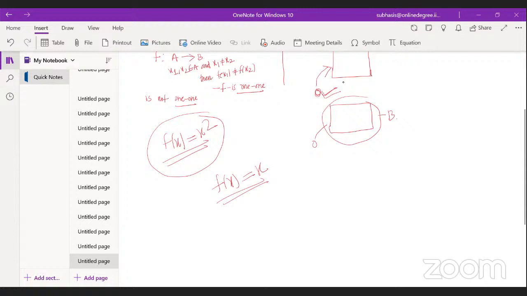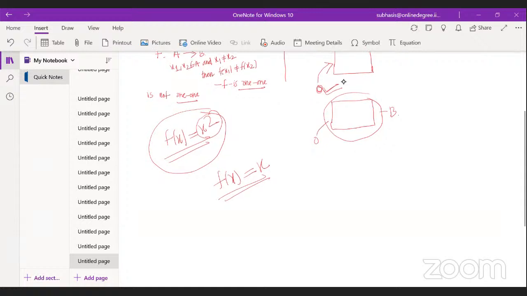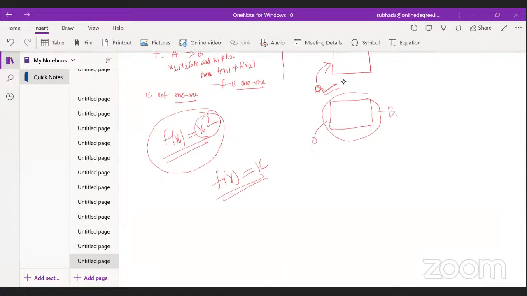You should know what you are going to do when an x square term is coming, and what you should do when an x term is coming. To deal with this kind of thing, you have to solve more questions. You already know the definition, so don't keep reading the definition. Solve more and more questions.